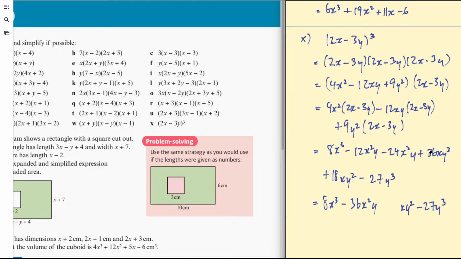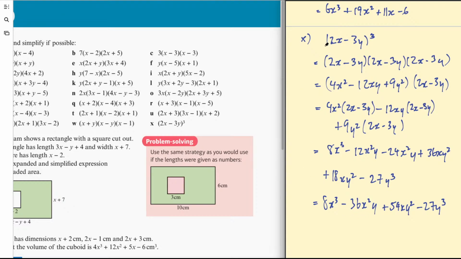Sorry, 54. Okay. Alright, so that's my final answer there: 8x cubed take 36x squared y plus 54xy squared take 27y cubed.